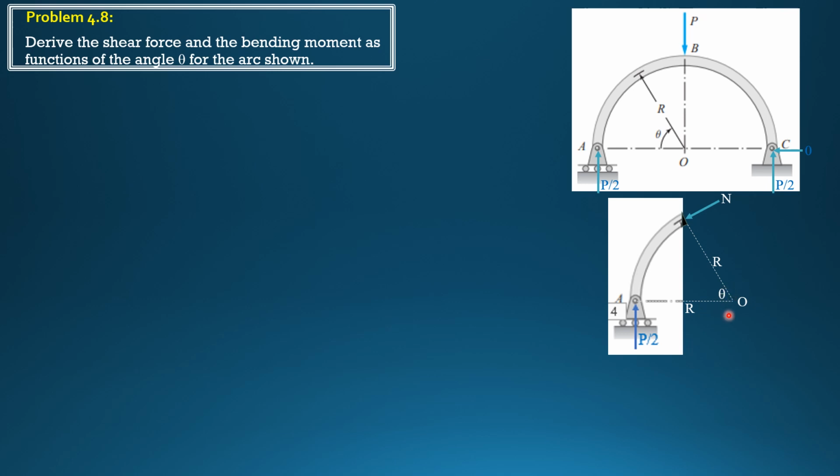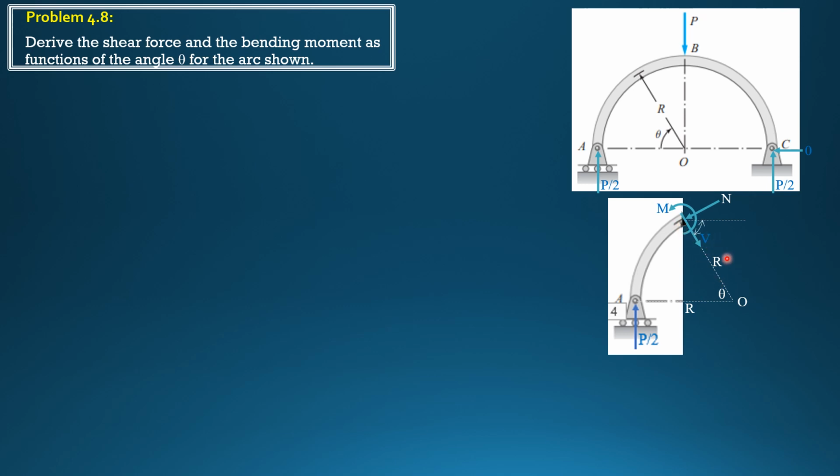So this is the angle theta, and we have the normal and shear force here. Normal is perpendicular to the radial line, and the shear force is along the radial line. So it should be down through point O. And this is the moment, of course, which should be opposite to the moment of P over 2.